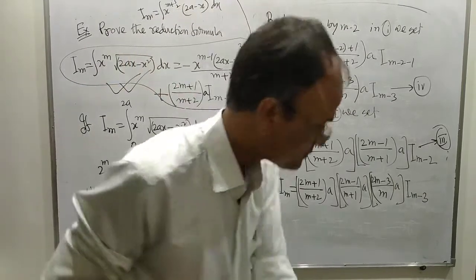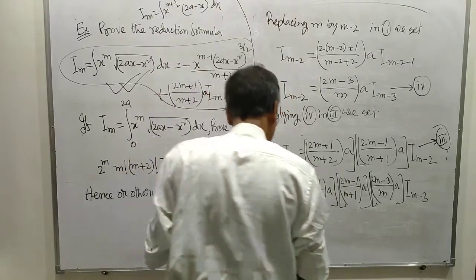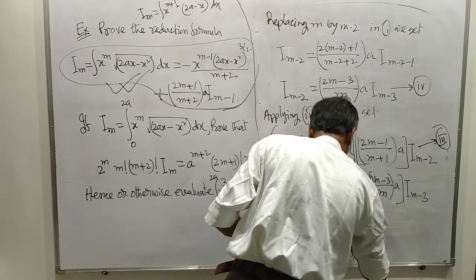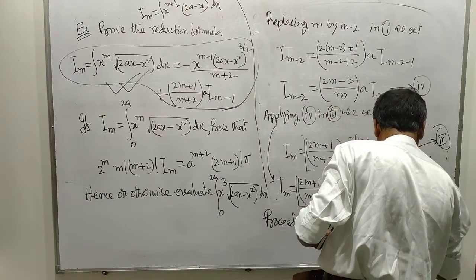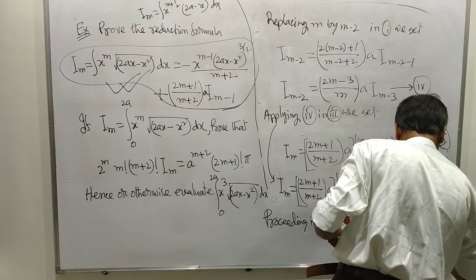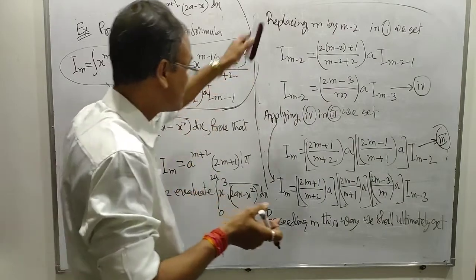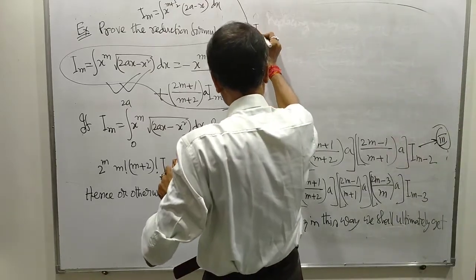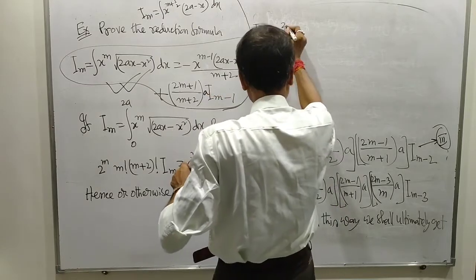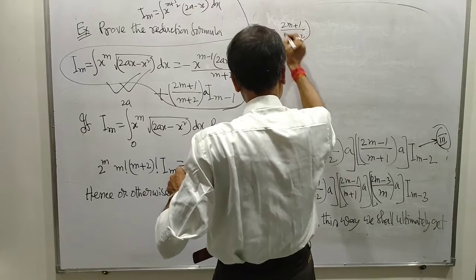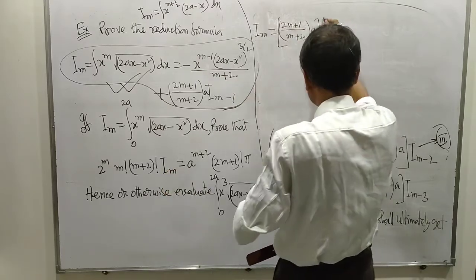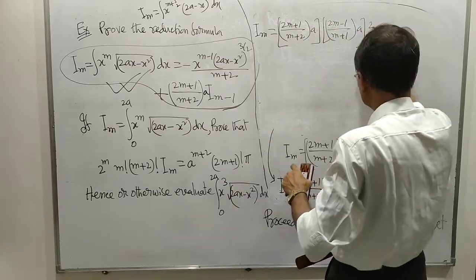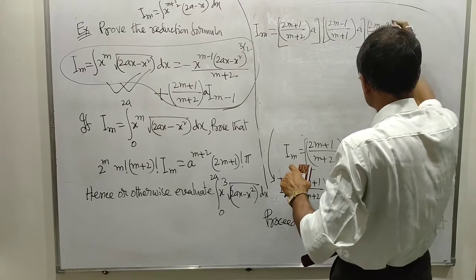Proceeding in this way, we shall ultimately get I_m equal to twice (m plus 1) divided by (m plus 2) times a, twice (m minus 1) divided by (m plus 1) a, twice (m minus 3) divided by m a.